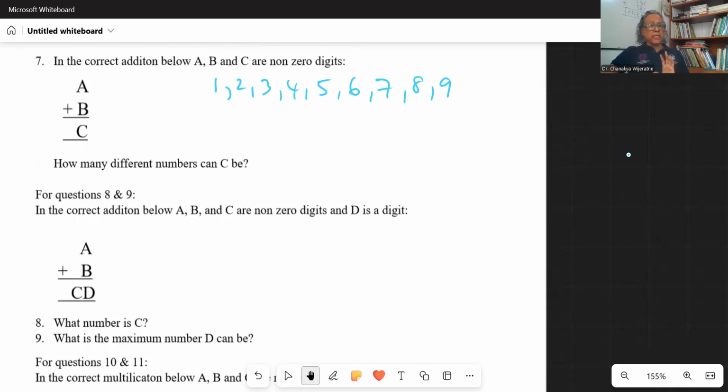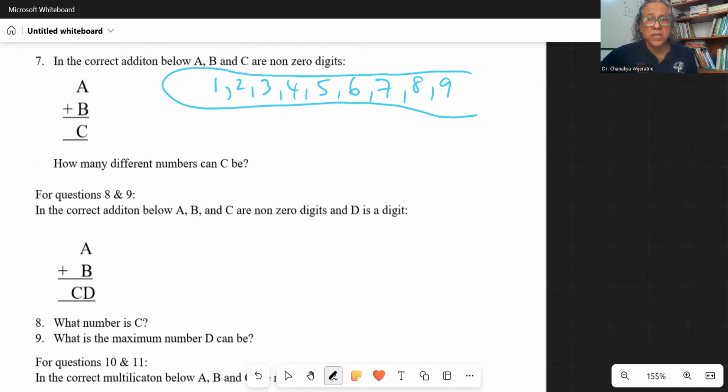How many different numbers can C be? Since C is a digit, also non-zero, it can be one of these digits, 1 to 9. But then, can C be equal to 1?